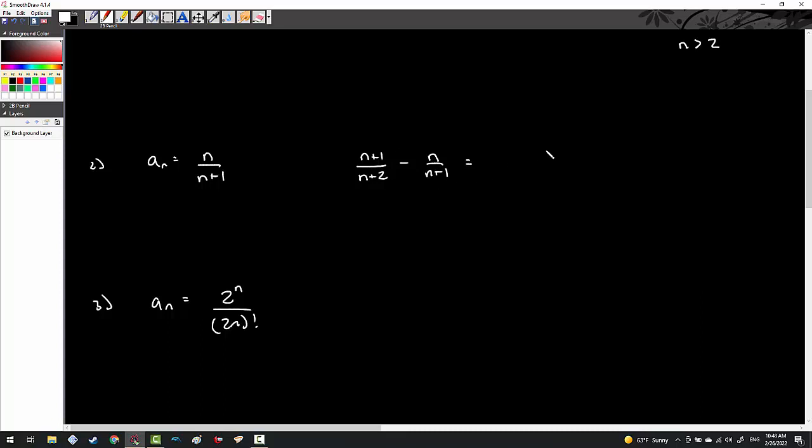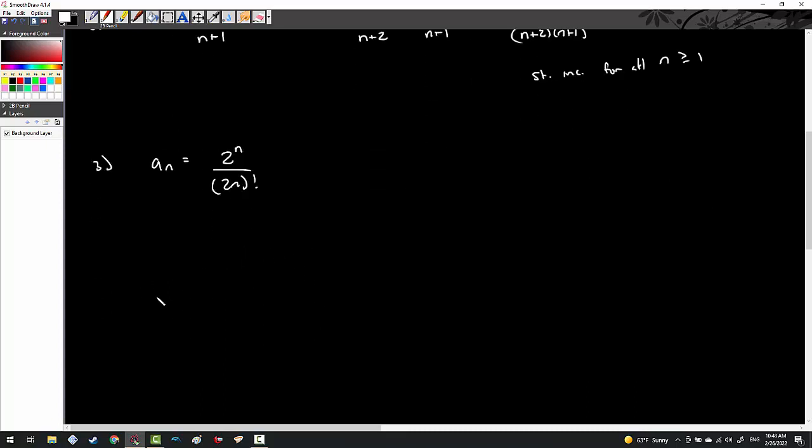And then after finding some common denominators, you will get 1 over (n plus 2)(n plus 1). And of course, because our n's are always positive, right? Again, in the sequence, we only plug in whole numbers. This is going to be greater than 0 at all times. So this guy is strictly increasing for all n greater than or equal to 1.